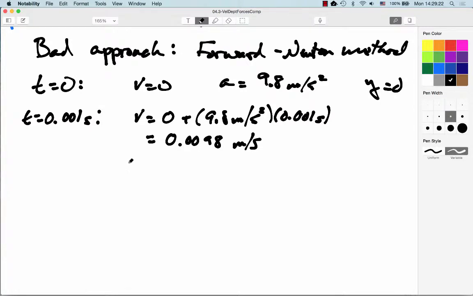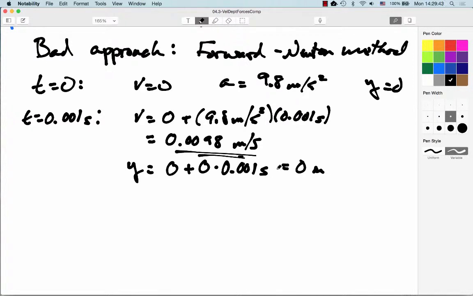And then to get our position, we would just do the same thing. We'd say that the initial position was 0. We take the velocity from the previous time step, multiply that by the time elapsed, and we are still at 0.